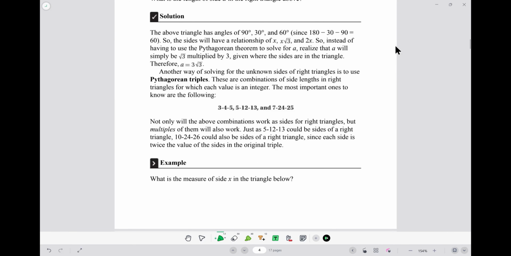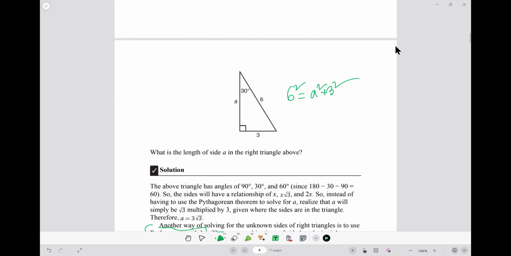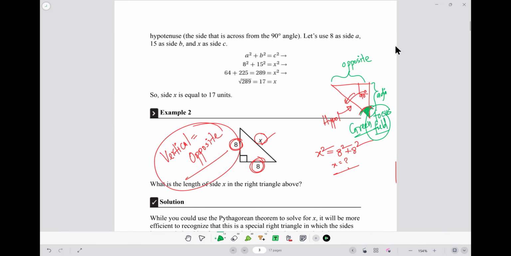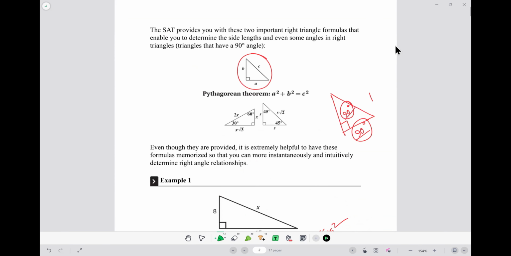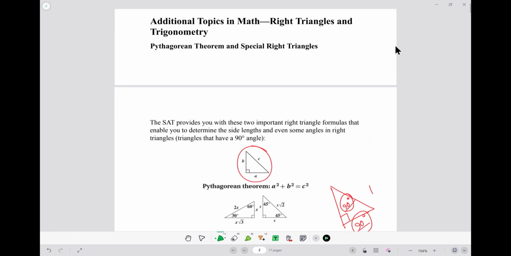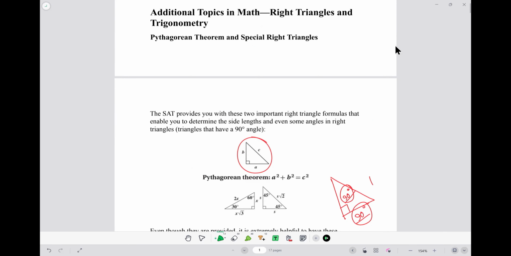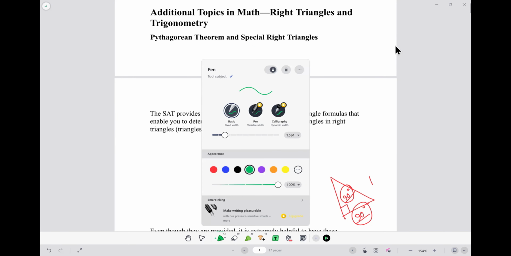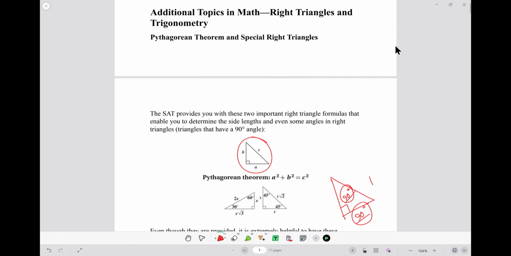Pythagoras, they are just talking about some Pythagorean triple. What is a Pythagorean triple? I'm going to open page number 1. A Pythagorean triple is three numbers.